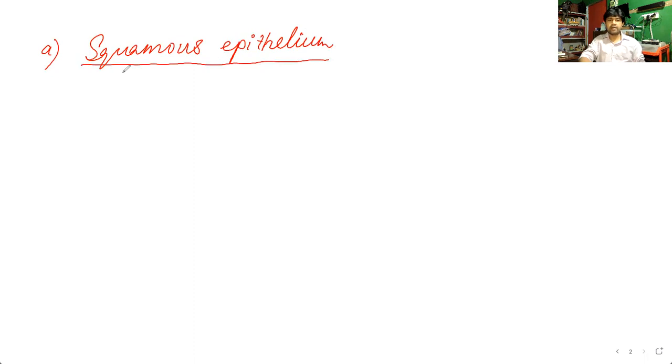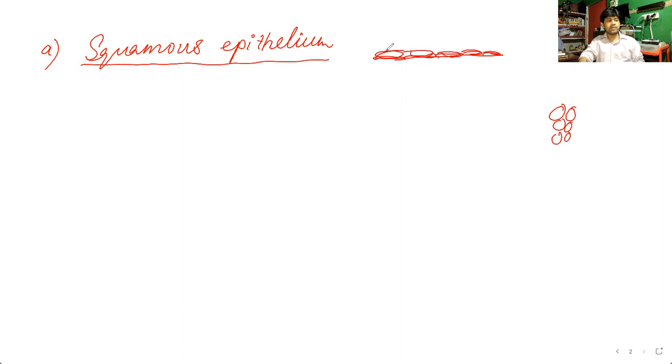This epithelial tissue is actually a one-layer cell arrangement. That means the tissue is made up of many cells, but these cells are arranged in one layer. One cell is arranged like this, not like this. One layer of cells is the arrangement. So it is the squamous epithelium.